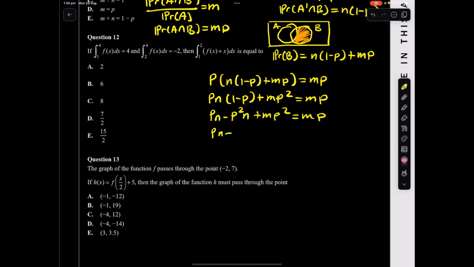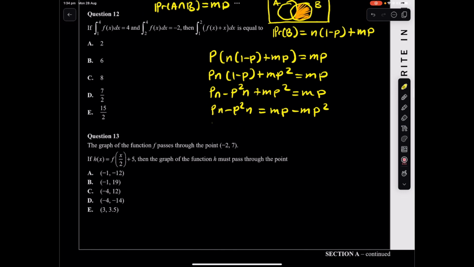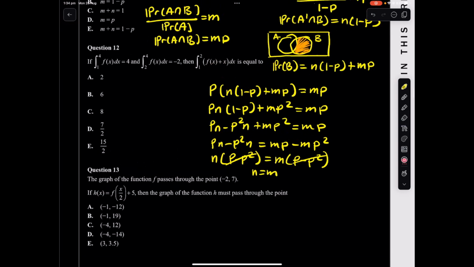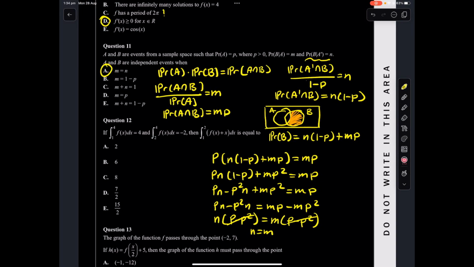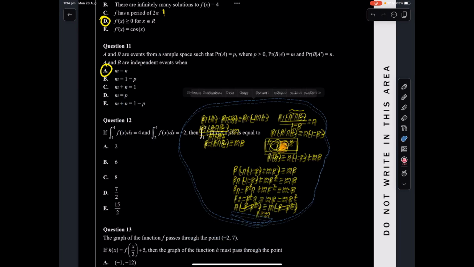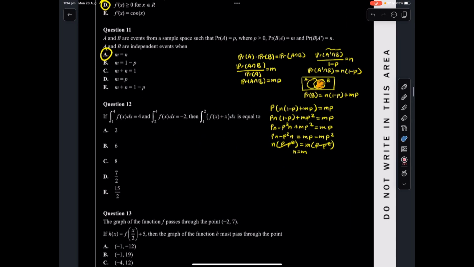So PN minus P squared N equals MP minus MP squared. Taking the common factor of N, it's P minus P squared. And taking the common factor of M here is P minus P squared. These cancel out, so N must equal M. Okay. So M must equal N. That's not too bad. It's such a long question, but yeah, not too bad. It took very long, I'm not going to lie, but that's it right over here. Okay, next question.